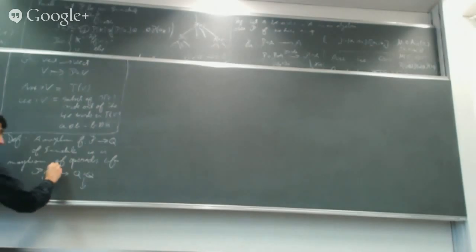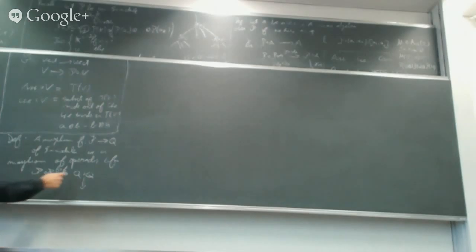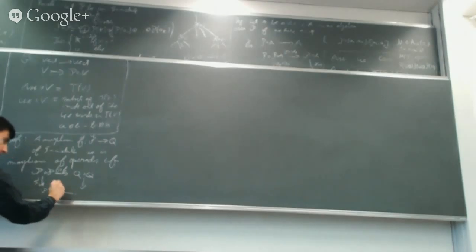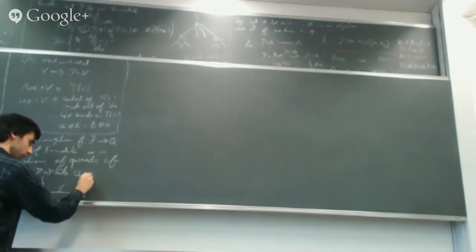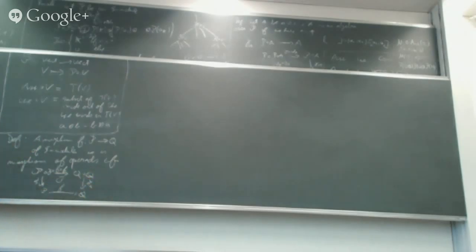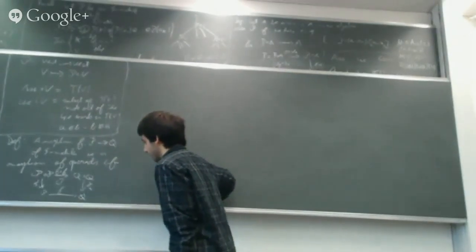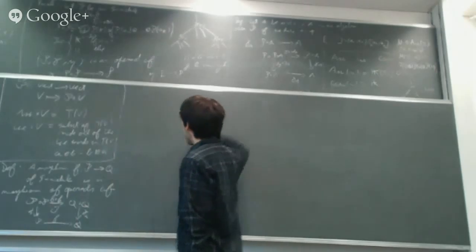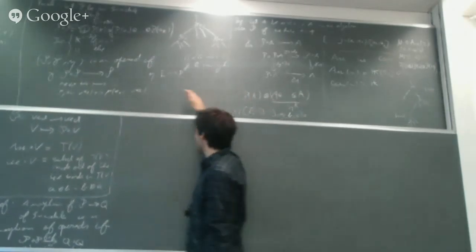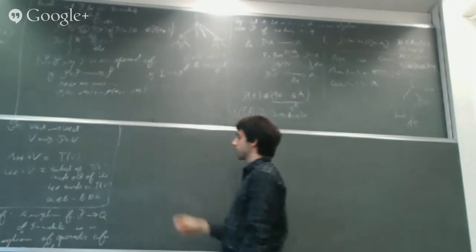If you have F, you can define F circ F, and it will send P circ P to Q circ Q. Here you have the multiplication map in P, here you have F, and here you have the multiplication map in Q, and you want this to commute. Also, the operad always has this identity, and you also want it to commute with the action of the identity.